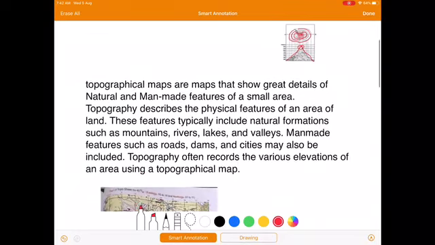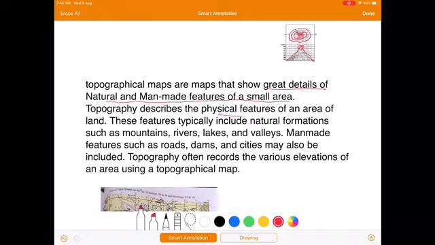So, topographical maps show the great details of natural and man-made features of a small area, that we have already done, that these are large scale maps and they show a small area but a detailed information of that small area. And what detailed information is given?